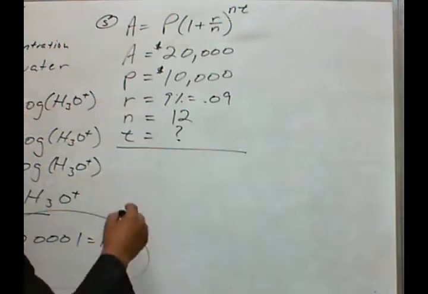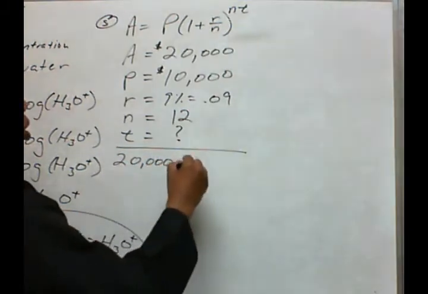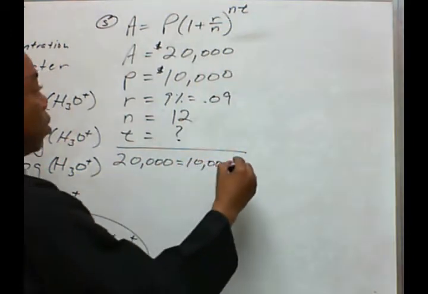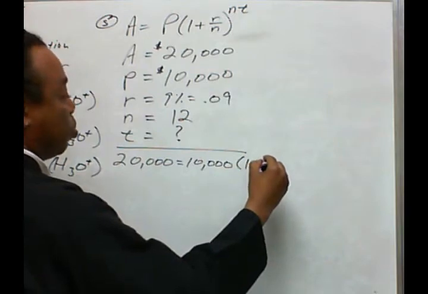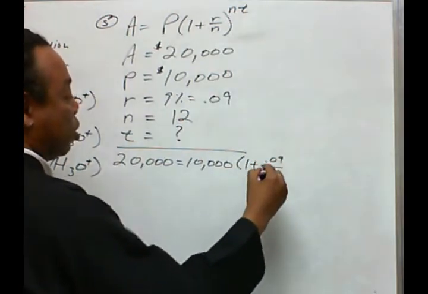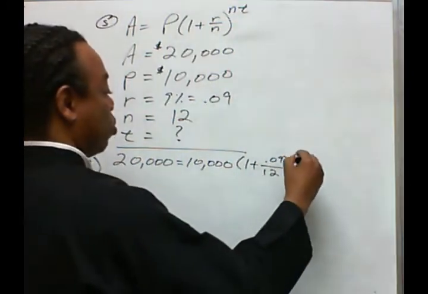Alright, so let's put everything in. This will be 20,000 equals 10,000 times 1 plus the rate, which is 0.09 divided by 12, all to the power of 12t.